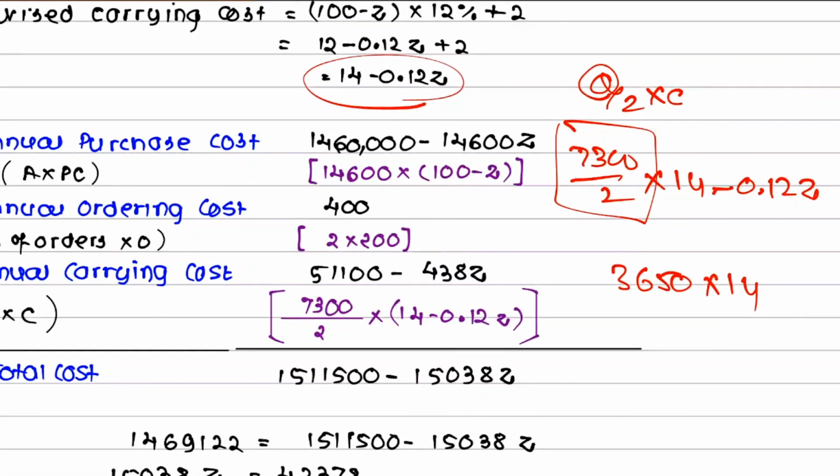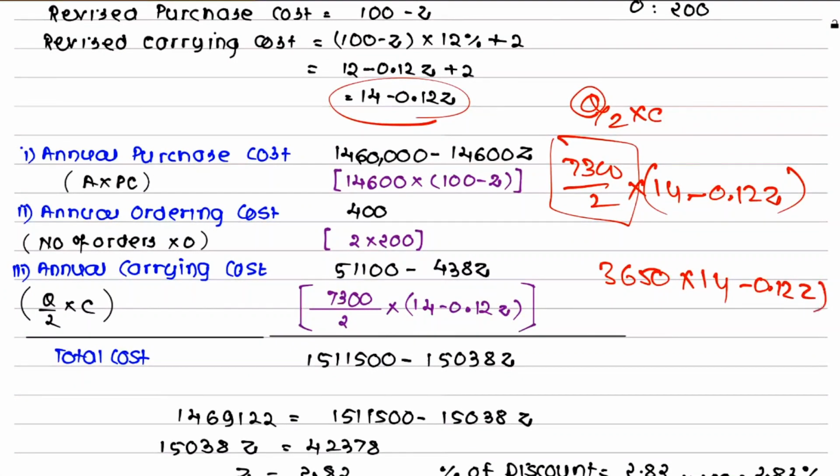How much will it come to? This answer will be multiplied by this, right? So first if you multiply, 3650 into 14, that is going to be this.